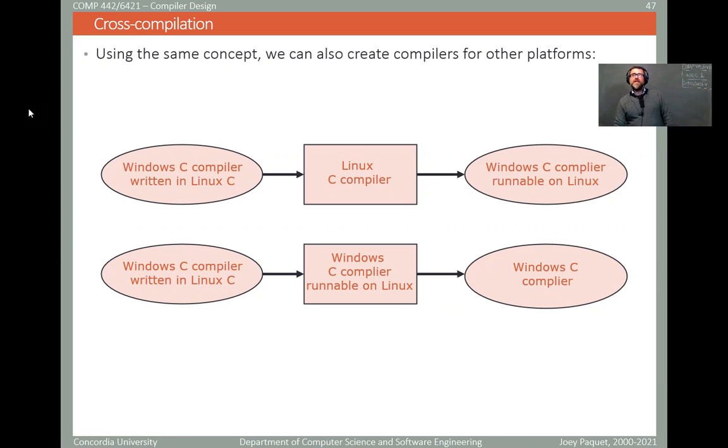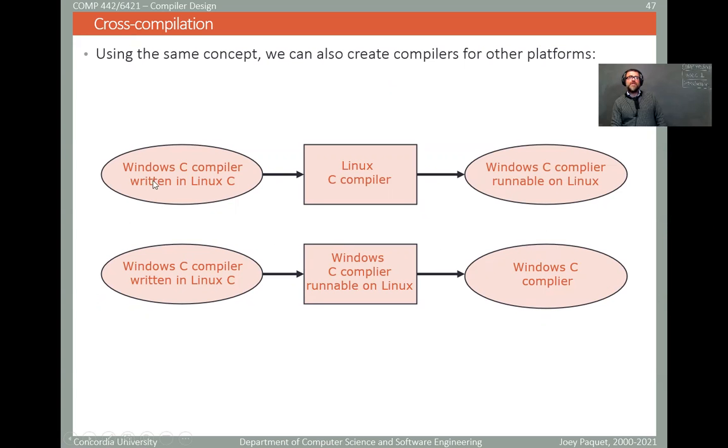Okay. So then you write this code in Linux C, you compile it, and that generates a compiler that is runnable on Linux that can actually generate Windows C code.